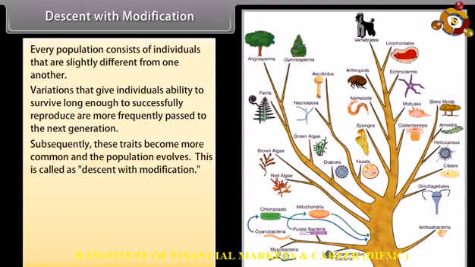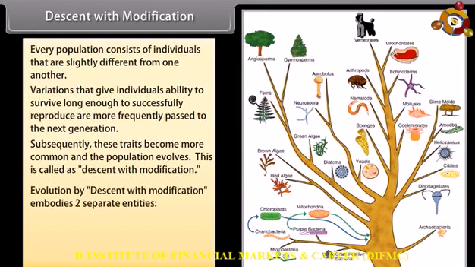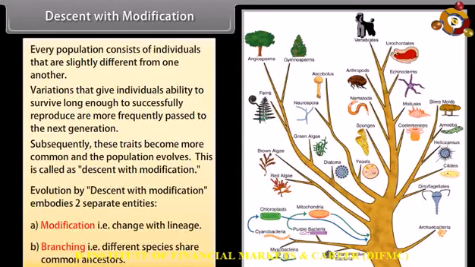This is called as descent with modification. Evolution by descent with modification embodies two separate entities. A. Modification, that is, change with lineage. B. Branching, that is, different species share common ancestors.